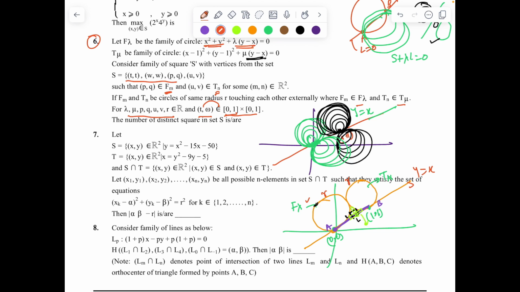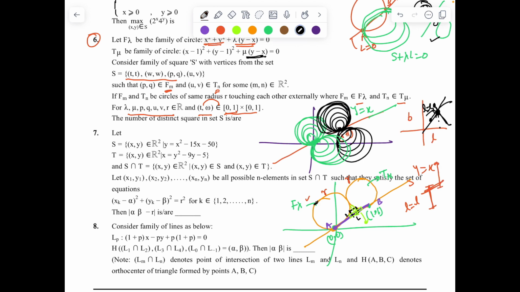So in between, the existence of a square is definitely guaranteed when length and breadth are equal, because you are going from L greater than B to L less than B. So there is a guaranteed existence of a square over here. So you don't need to do any calculation as of now. So we have one square over here. Similarly with A and B, since the radius is equal, I can tell this distance is nothing but √2 r, right?